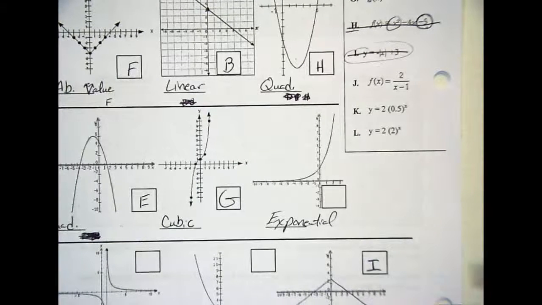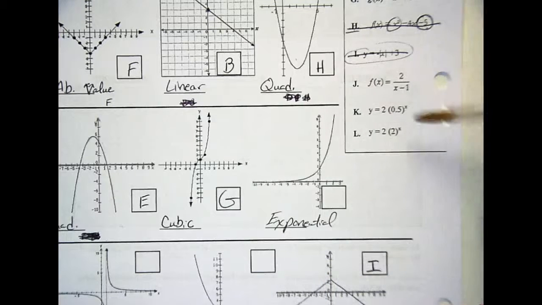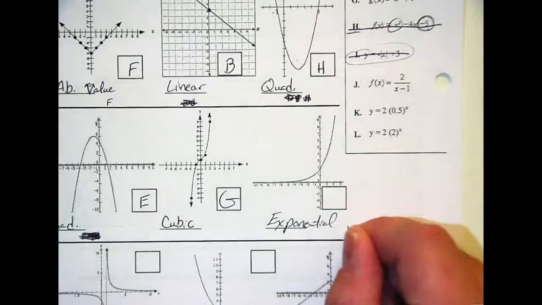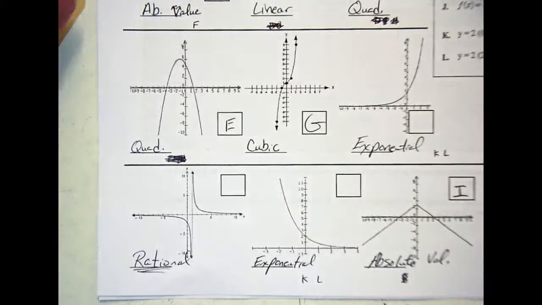All right. Exponential. We have 2 exponentials. Which ones are they? We have 3 equations left. Which 2 are exponential? K or L. Which other one's exponential? This one, K or L. Now, this one's tougher because we don't have a y. I mean, we do have a y-intercept, but our y-intercept isn't added to the front.